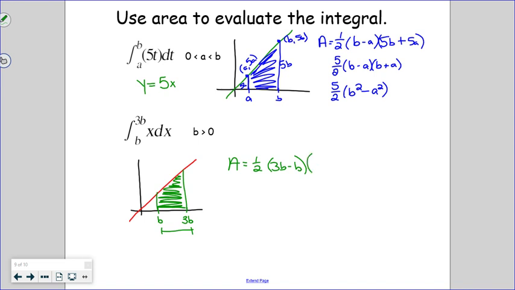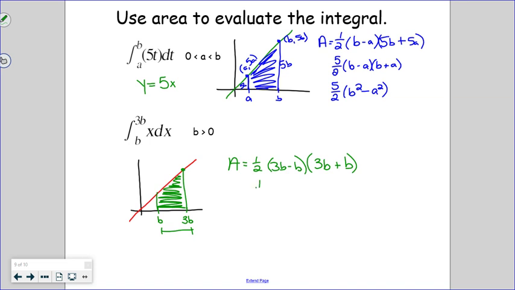And then my two bases come from plugging these into the function. So if I'm plugging in 3b into x, I just get 3b, right? So one of my bases is 3b. The other base is b. And again, that would be a just fine setup, but we really could simplify that quite a bit more.